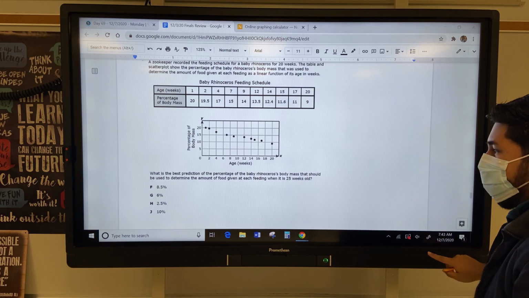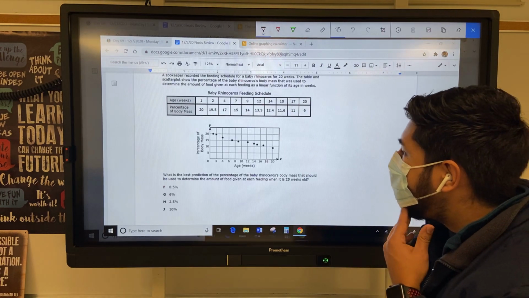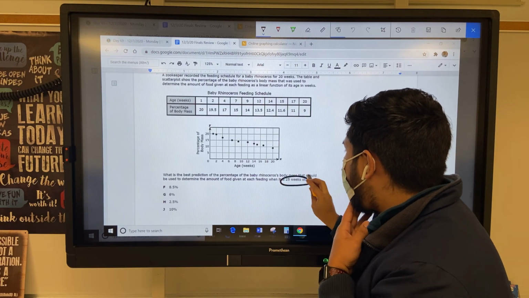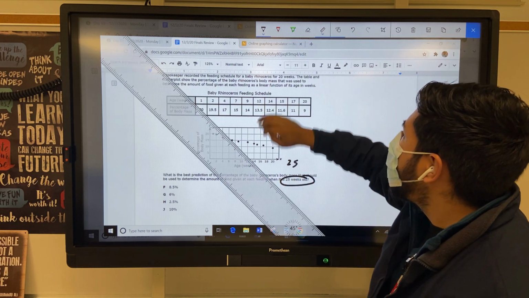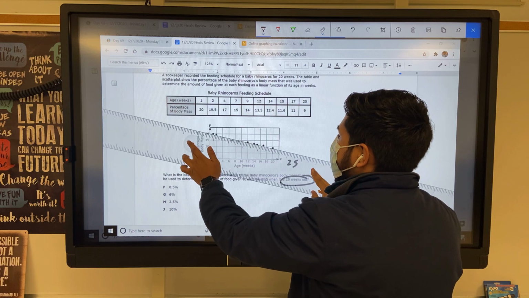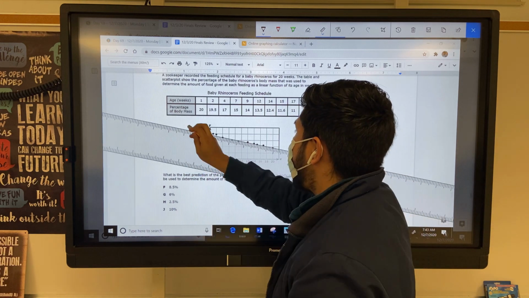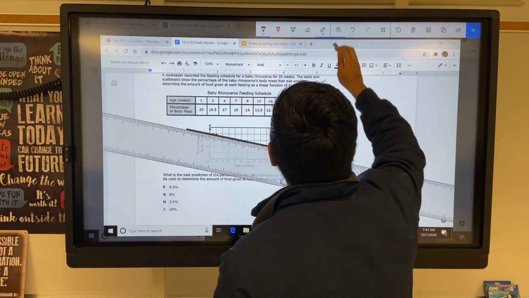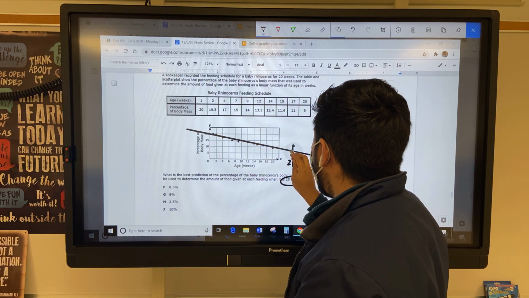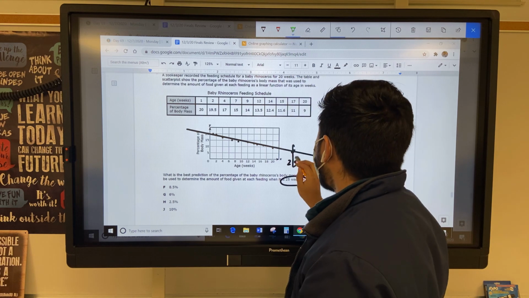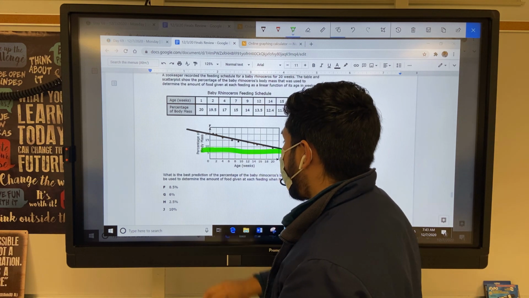Right here, this is pretty cool. We're looking at when it's 25 weeks old, which is further down the line over here. All you gotta do is guesstimate, draw the best line fit. Somewhere in this area.